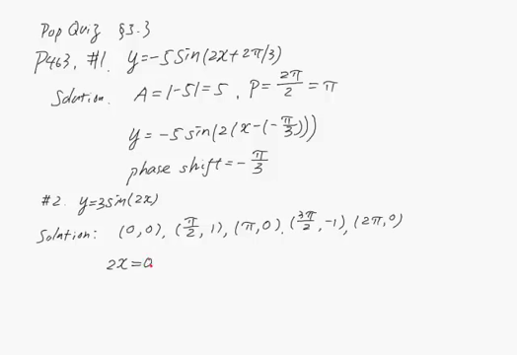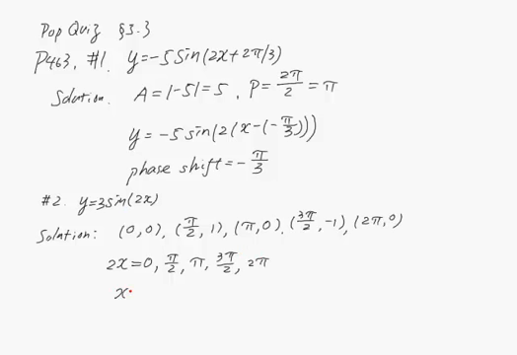So set this 2x equal to 0, half pi, pi, 3 pi over 2, and 2 pi. Then we get the x coordinates of the 5 key points of y equal to 3 times sine of 2x.